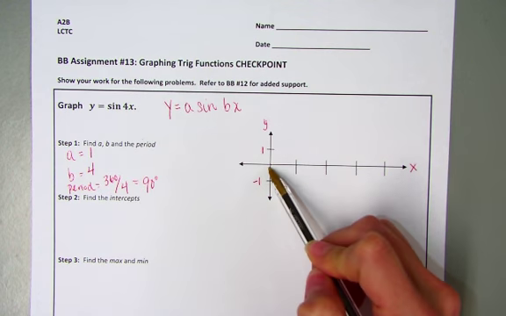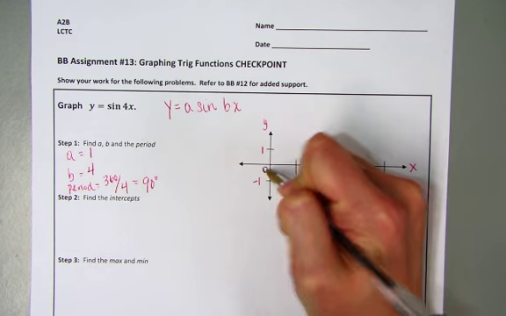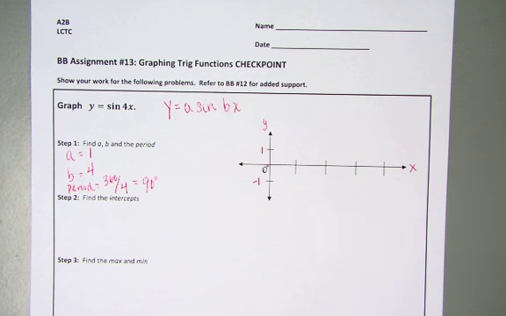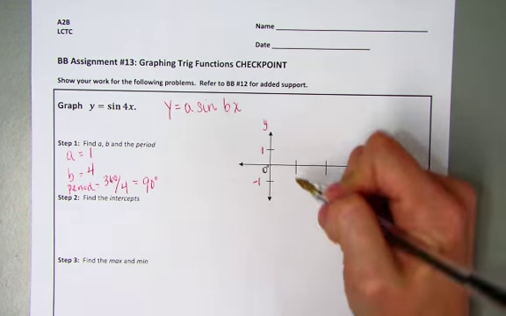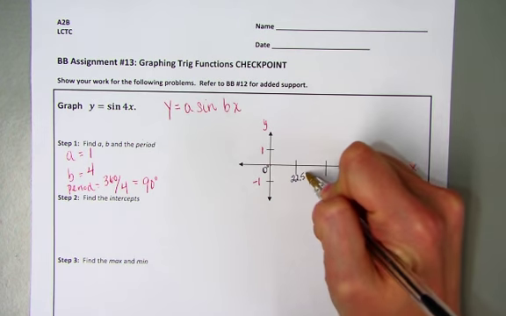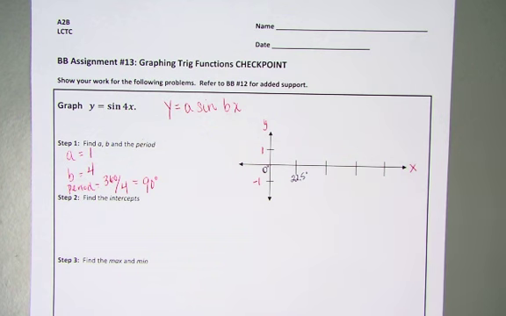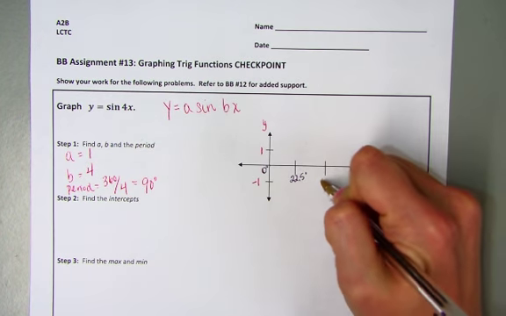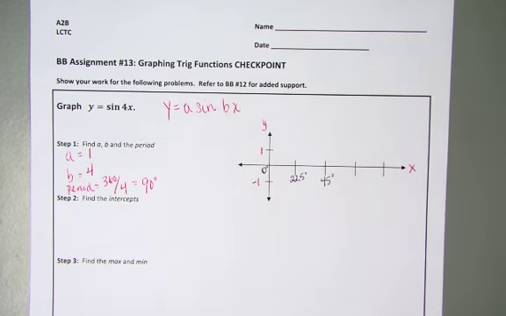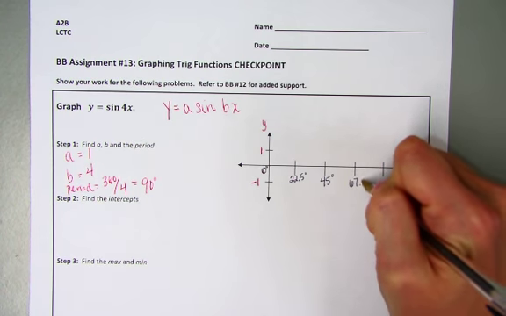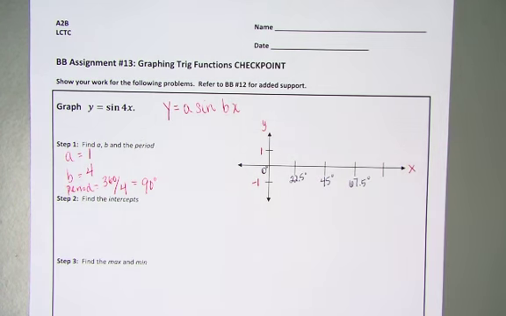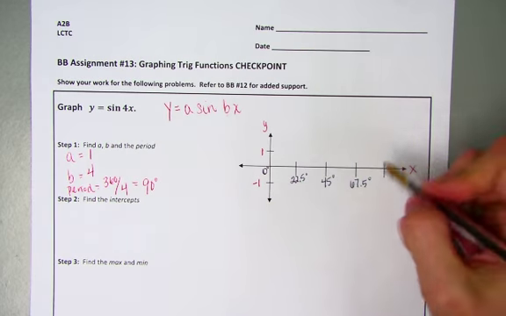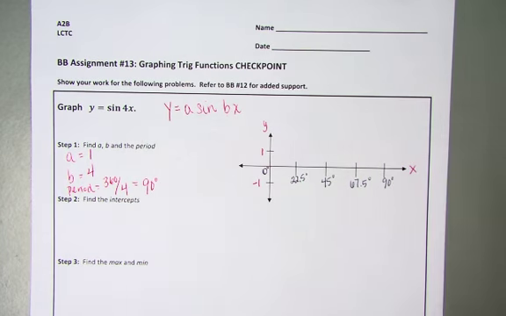So we know that 0 divided by 4 is still 0 degrees. 90 divided by 4 is 22.5 degrees. 180 divided by 4 is 45 degrees. 270 divided by 4 is 67.5 degrees. And of course, 360 divided by 4 is obviously the period, which is 90 degrees.